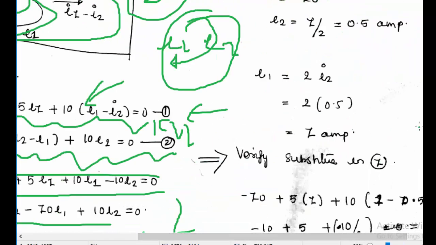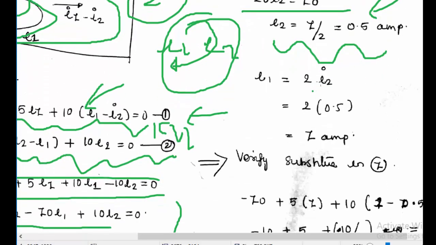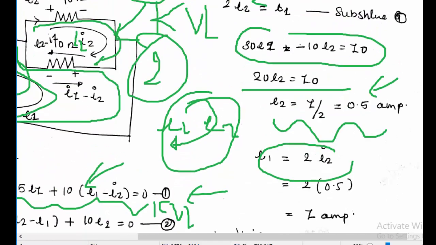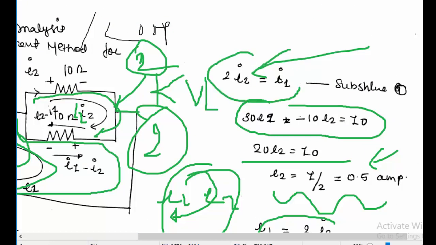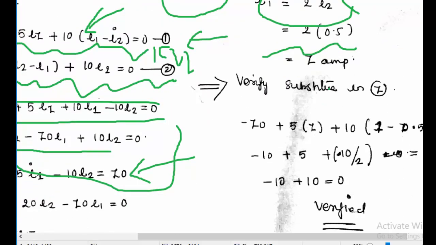By substituting that, we simplified and found the value of I2 as 0.5 ampere, and again by substituting in the equation 2I2 equal to I1, we found the value of I1. In this way we have found the value of the current.